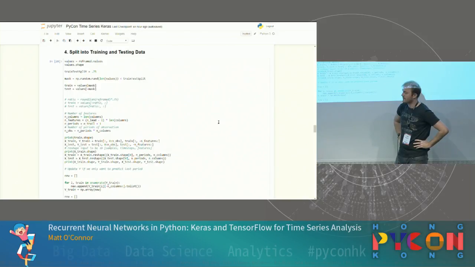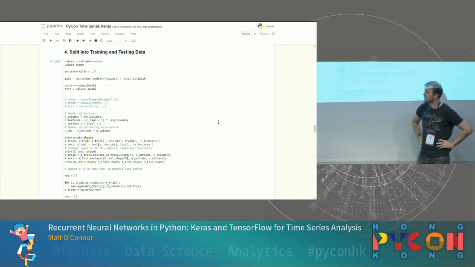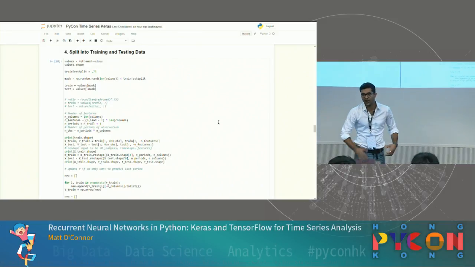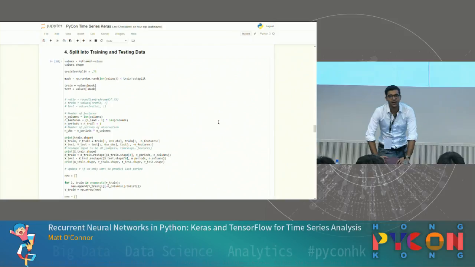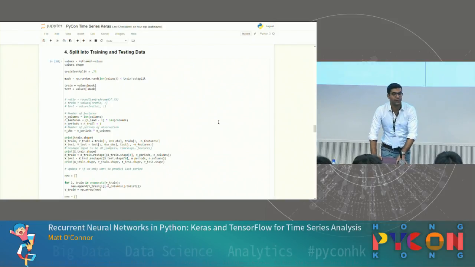So one important step before you do any analysis, before you run a neural network or any algorithm, is splitting your data into training and testing. It's very important because without doing this, you have no idea if you're overfitting, if your algorithm is learning your data too well. So we take this data and split it into 2 buckets.